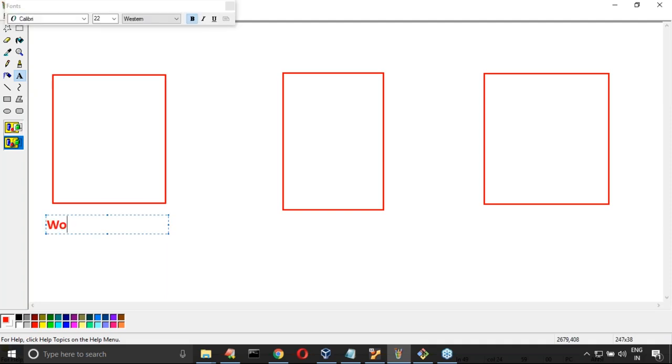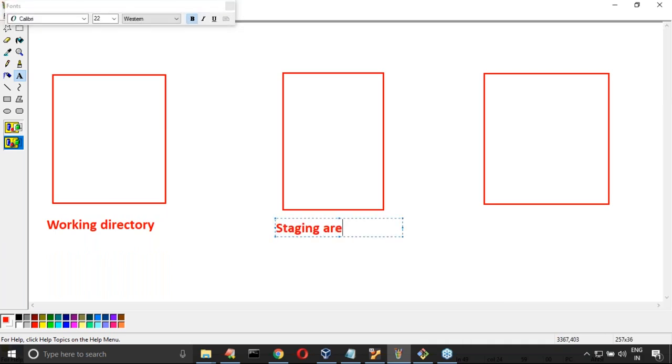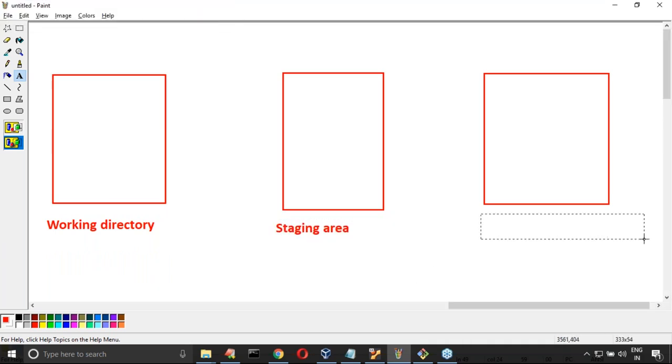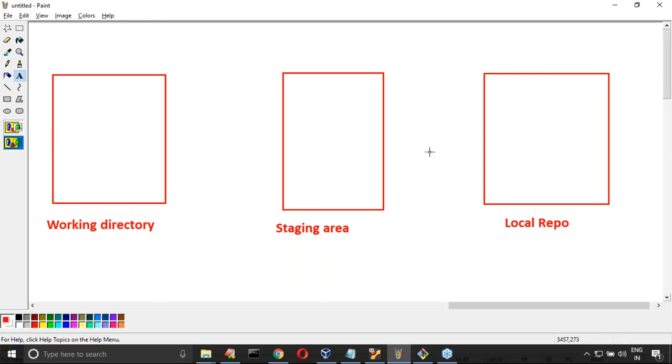This is the working directory. This one is the staging area. And this one is the local repository. Some people use a shortcut, repo. Now here, how many commits are there? Two commits.